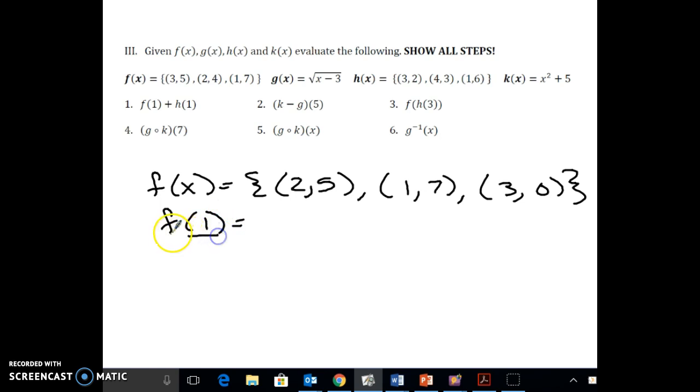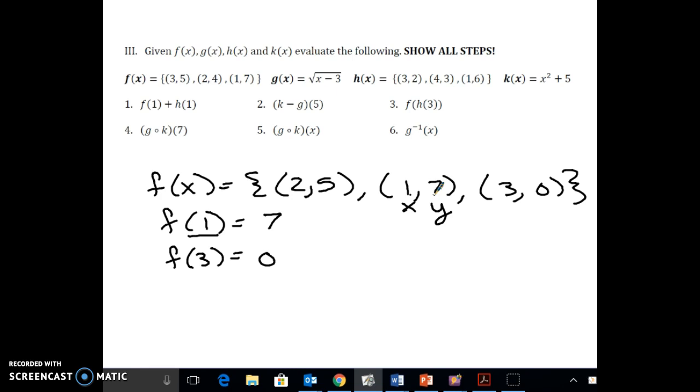This is an x. This is f of x. When you plug in x, you get out y. So f of 1 is 7. All right, let's do another one. If I'm doing f of 3, f of 3 is x, y is 0. Okay, so these are inputs and outputs. So that will be helpful in this section.